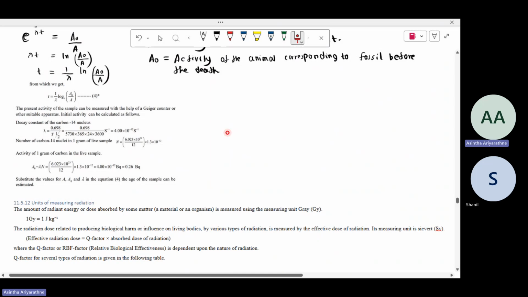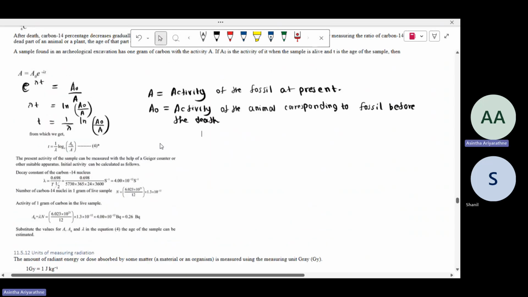Then for 1 gram, that is 12 gram, we have 6.023, and to get 1 gram we divide that by 12. So that's why it is divided by 12, Avogadro number divided by 12. Then multiply by 1.3 times 10 to the power minus 12. What is that? It is this ratio.